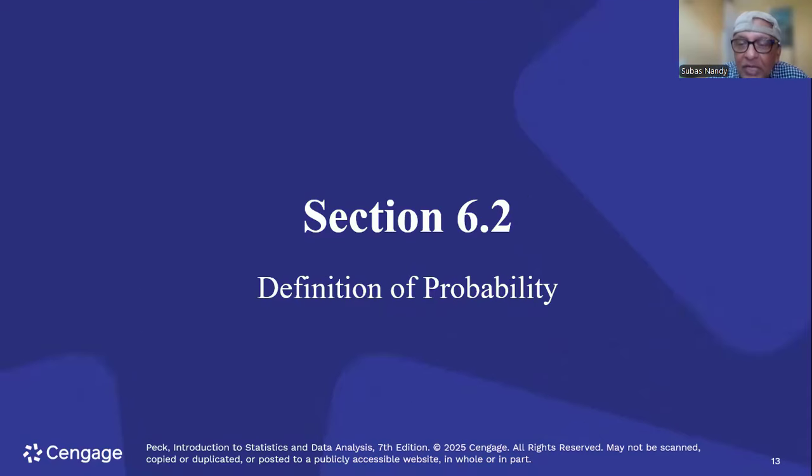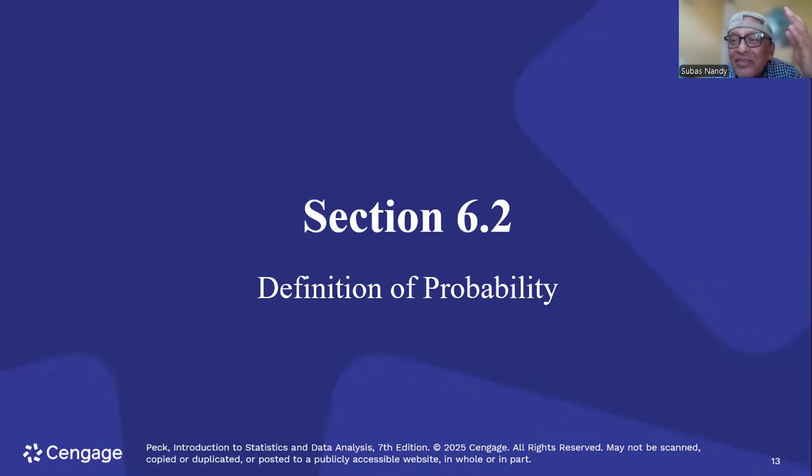Definition of probability. As you all know, probability means the chance of certain things happening. For example, when you toss a fair coin, you expect in the long run you'll get 50% head and 50% tail. So the chance of getting a head in the long run of tossing a coin is 50%.